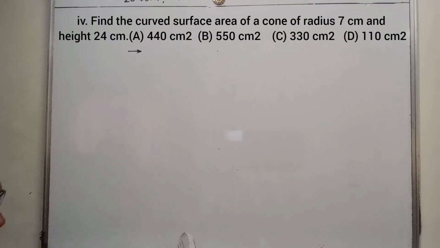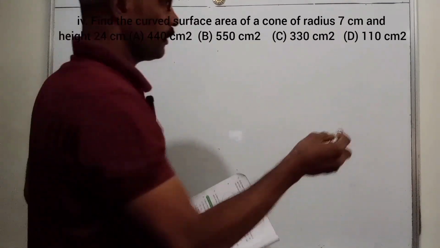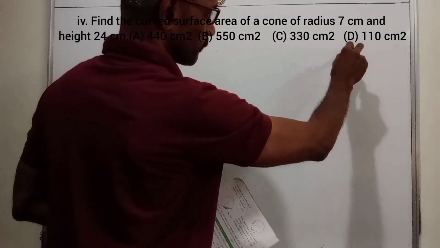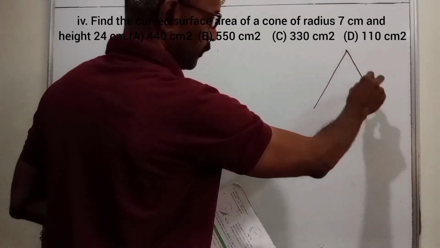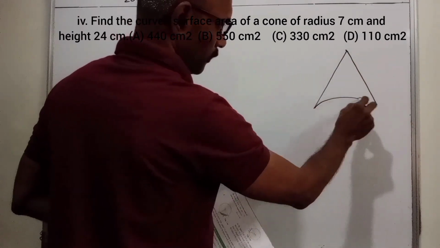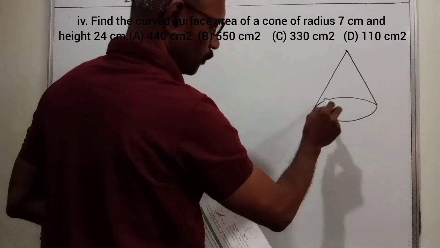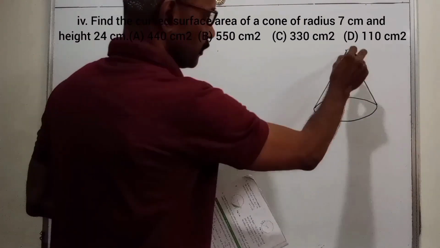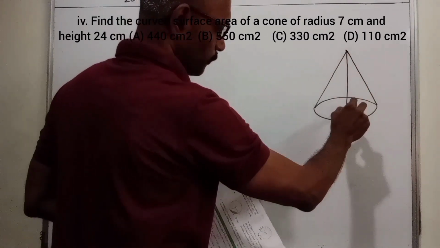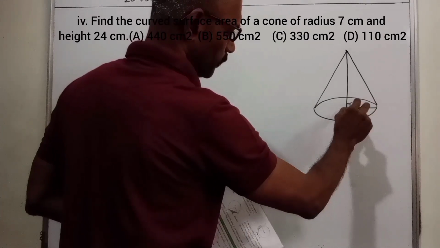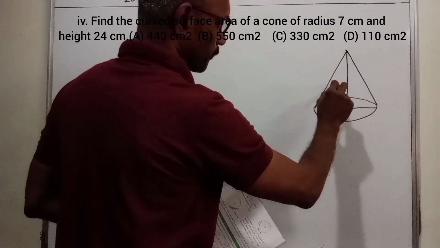Question number 4. Find the curved surface area of a cone of radius 7 centimeter and height 24 centimeter. See this. This is cone. This is perpendicular height and this is radius.